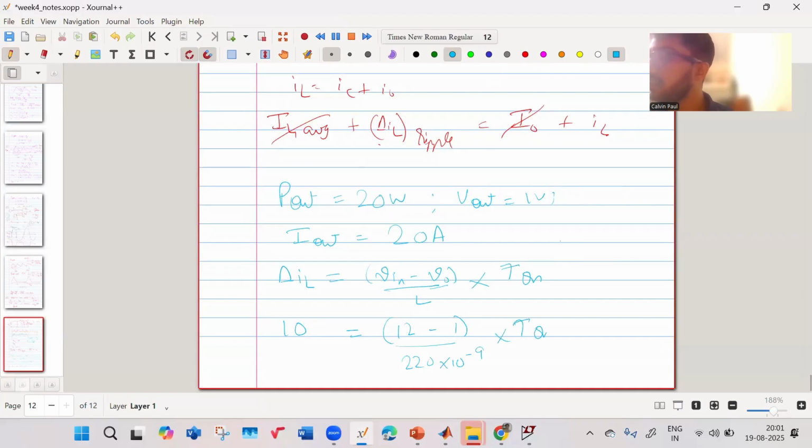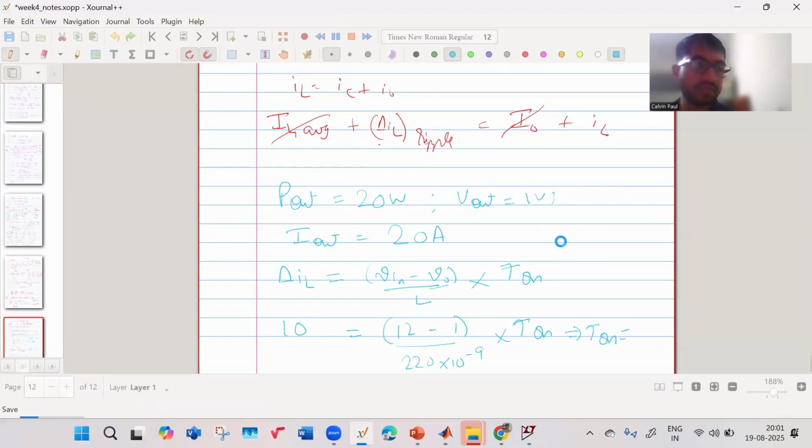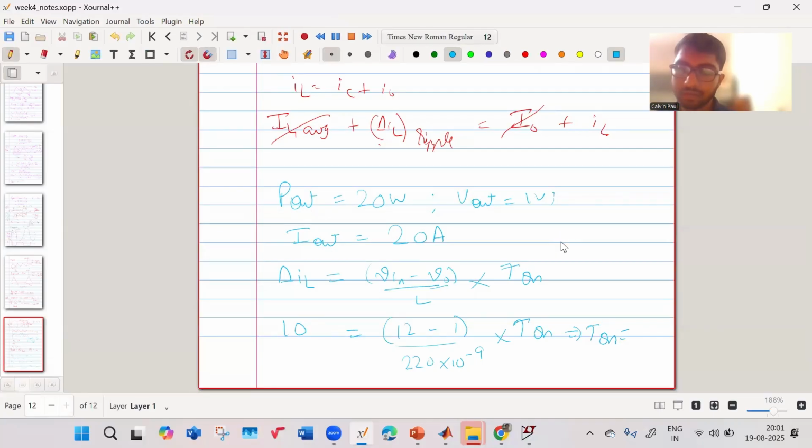This is your T on. So from here you can calculate T on. Can you calculate and tell me how much is it? 0.2 microsecond. So T on comes out to be 0.2 microsecond. Very good.